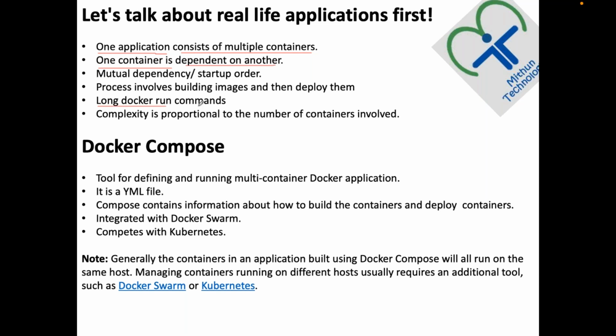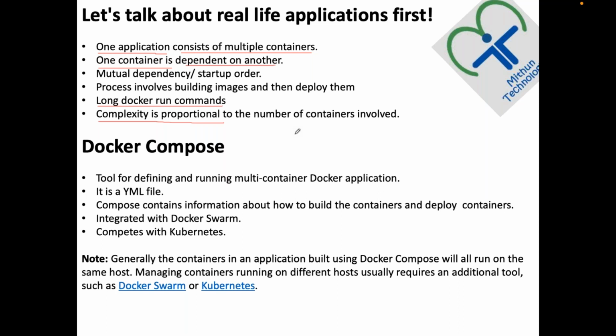So you need to execute a lot of docker run commands. The complexity is proportional to the number of containers involved. Suppose you have 10 images to be deployed, you need to execute a lot of run commands.